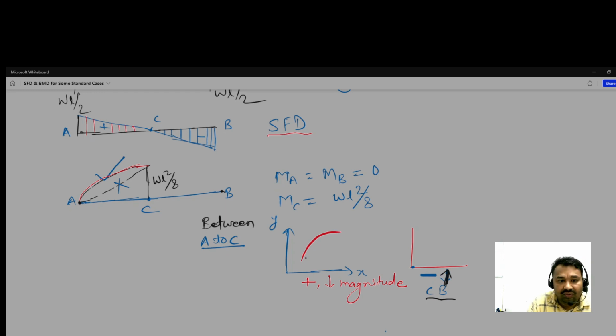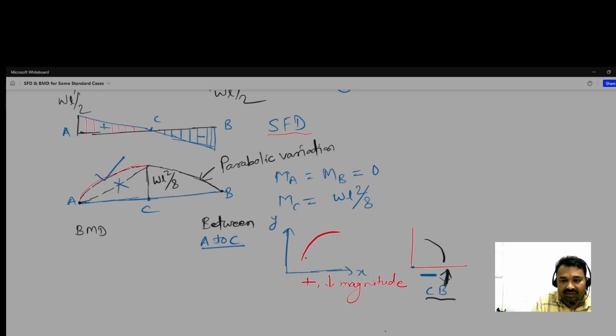So C to B will be like that. So that's why, if you see the bending moment diagram, it will be varying like this, and this variation is parabolic variation.